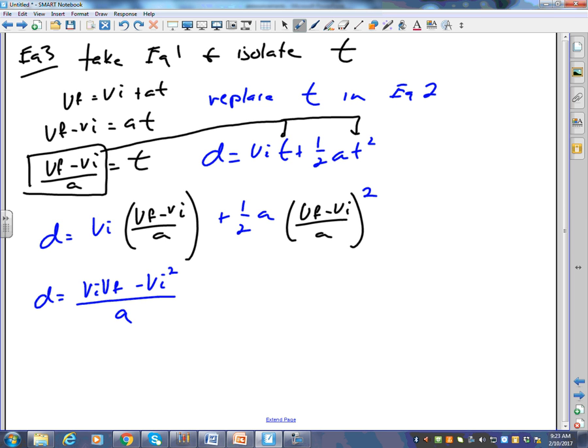And I try to go slow. And can I write 1/2 A as A divided by 2? That's okay? All right, now this squaring here. How do you square a binomial?